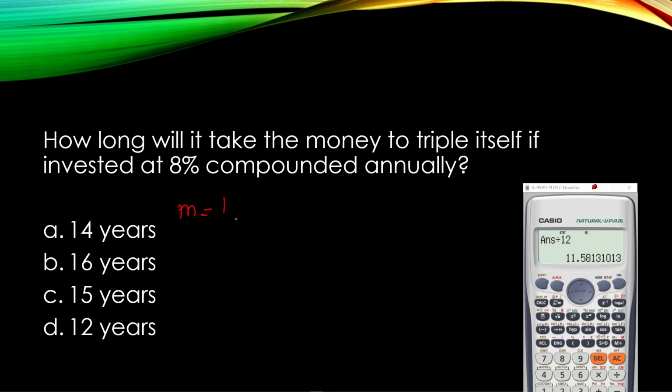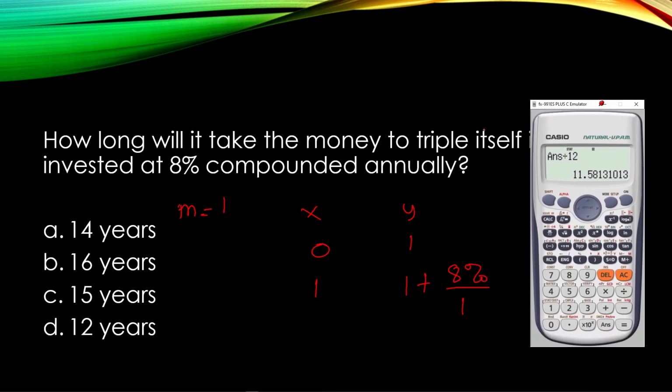Okay. So, gagamitin natin, our M is 1. So, we have X, Y, and then 0, 1, 1, 1 plus 0.8 or 8% divided by 1. Okay. So, input lang natin, triple siya. So, magiging 3 dito. Kasi nga, triple yung amount. Then, nahanapin natin yung MT.